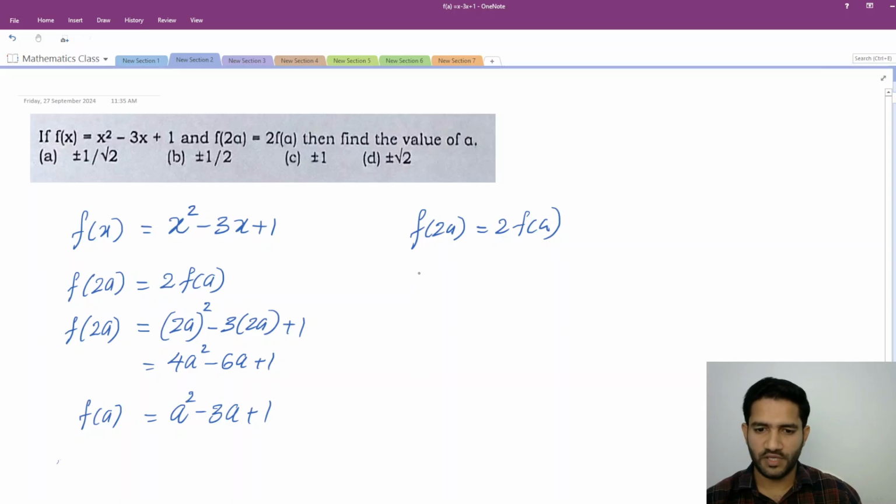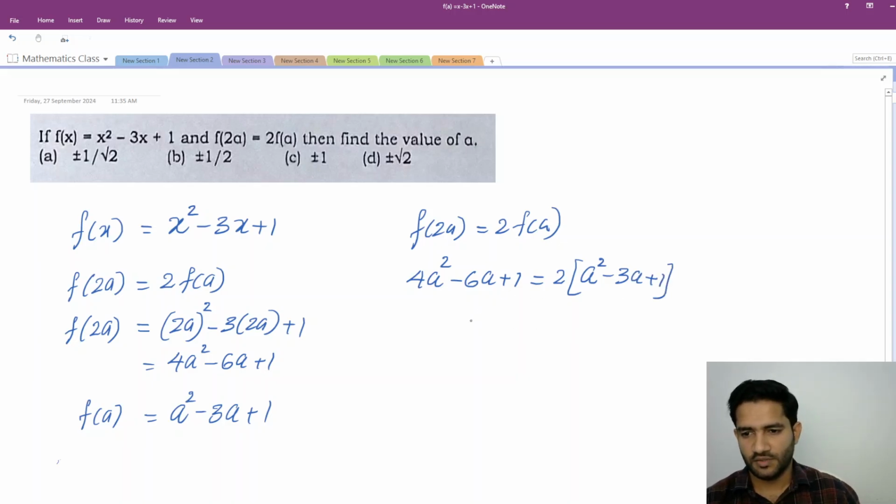So f of 2a, we found the value. It is 4a square minus 6a plus 1 equal to 2 into, we want to use the bracket, it's very important, a square minus 3a plus 1. If you open the bracket, we will get 2a square minus 6a plus 2.